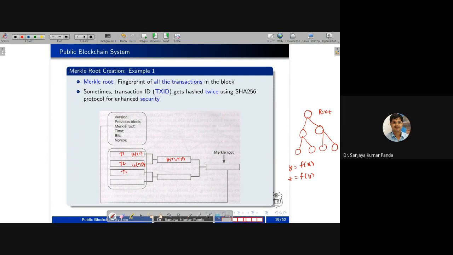Similarly, for T3 and T4, I calculate the hash of T3, the hash of T4, and then the hash of T3, T4. Again, if you combine here, it is the hash of T1, T2, T3, T4. You can see transaction T1 is hashed here one time, here two times, here three times, with other transactions, no doubt. That is actually called Merkle root creation.